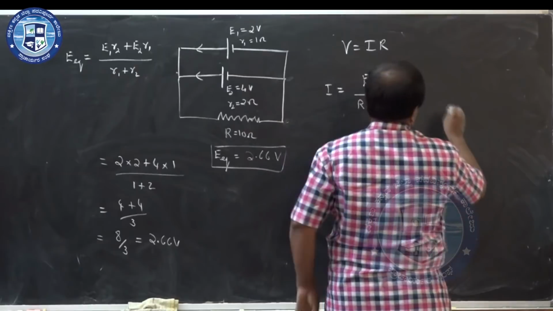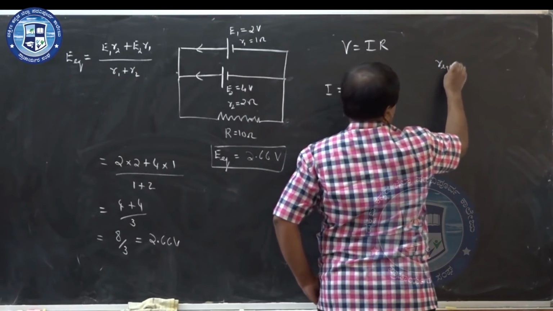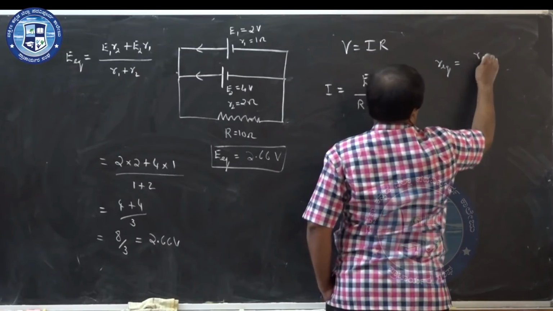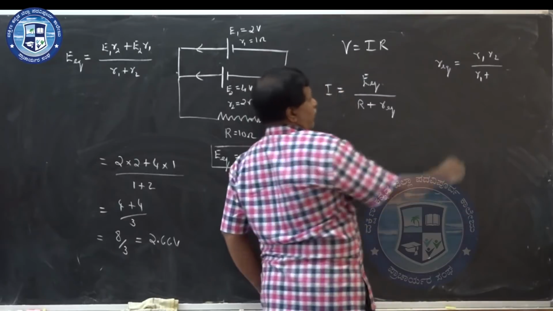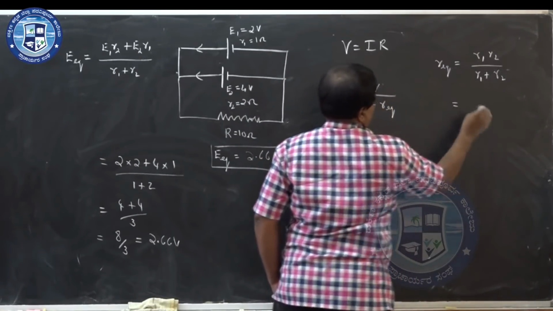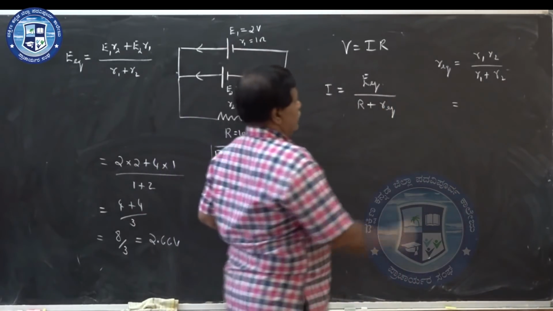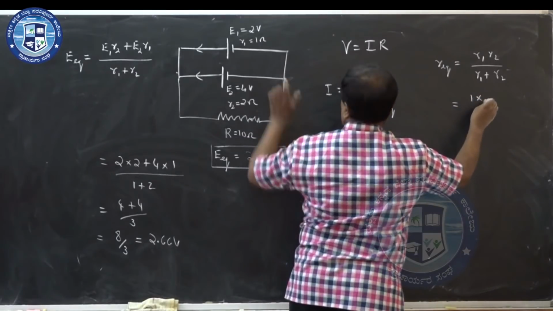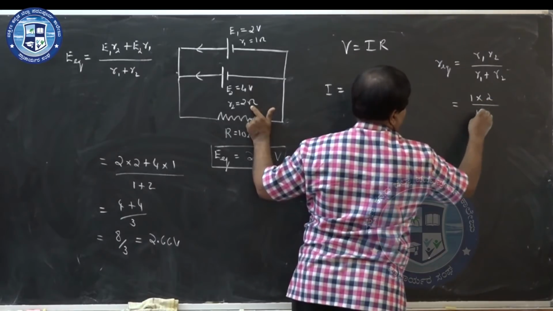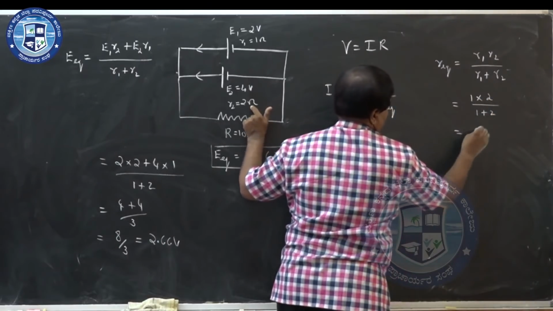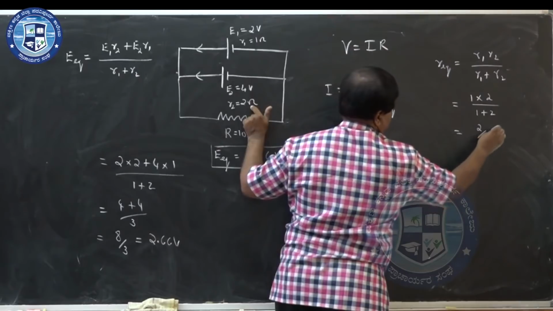Since it is in parallel, it is very easy to get R equivalent. It is R1 R2 divided by R1 plus R2, which is 1 into 2 divided by 1 plus 2, so 2 by 3 ohm.